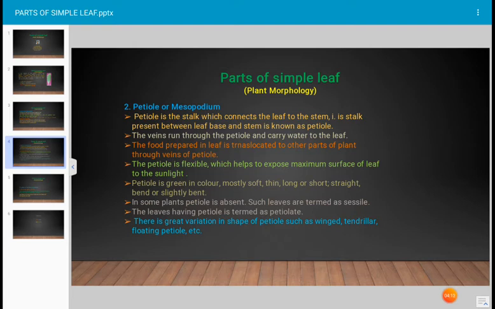There is great variation in shape of petiole, such as winged petiole, tendrilled petiole, floating petiole. Many types of modifications of petiole are present in leaves that act as a specific feature of a specific plant and help in correct identification of the plant.